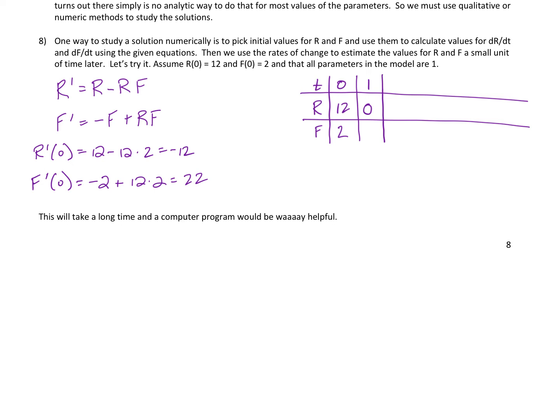That's the rate of change. So f prime says that the fox population is increasing by 22 foxes per time unit. So the fox population has gone up. There were 2, it's going up by 22 foxes per unit of time, so now there are 24 at time unit 1. And then we repeat this process to figure out how many rabbits and foxes at time unit 2.